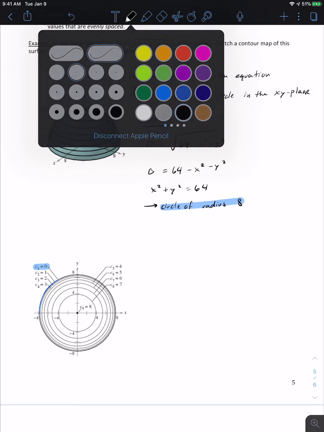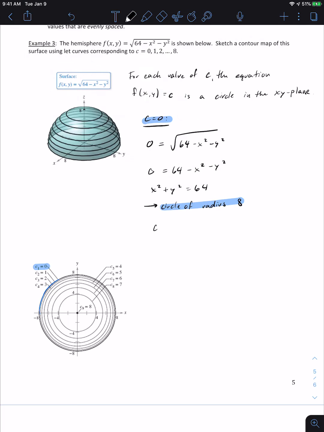So now let's do another level curve for c is equal to 1. So I get 1 is equal to the square root of 64 minus x squared minus y squared. 1 squared is 1, so 1 equals 64 minus x squared minus y squared. Solving this, I get x squared plus y squared is equal to 63. Now, what is this shape?